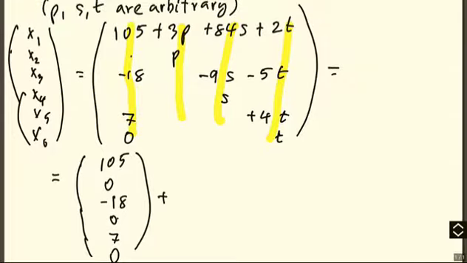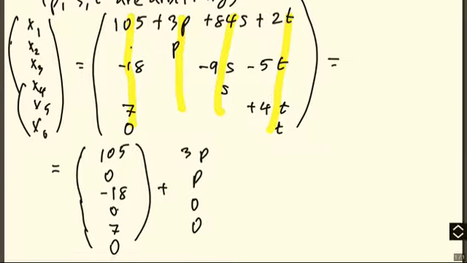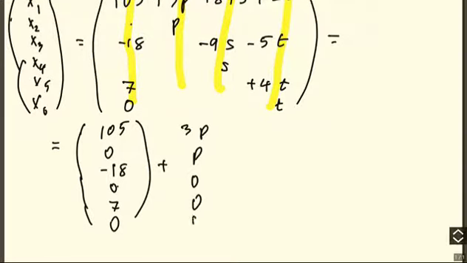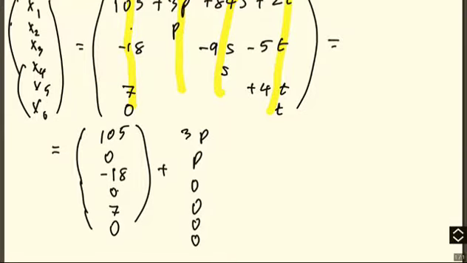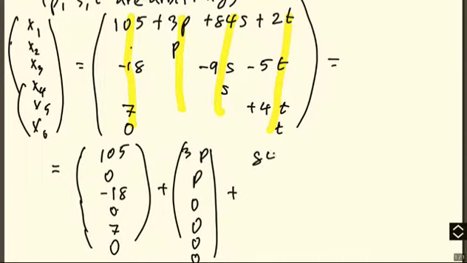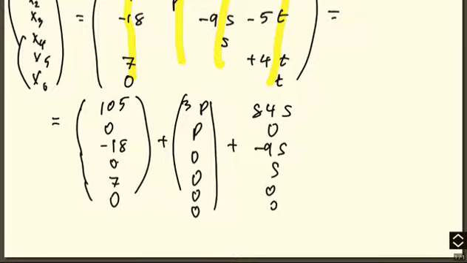For the p's we have 3p, p, and then nothing. Then for the s's column we have 84s, 0, minus 9s, s, and then 0, 0.